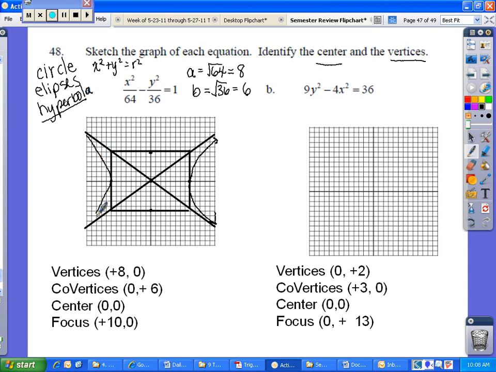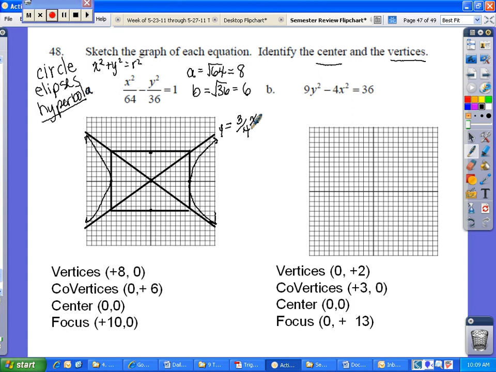So again, all of those b values are used for is basically just to draw your rectangular box to determine the asymptotes. And now you could determine the actual equations of those asymptotes. This would be y equals 3/4, up 3 over 4. So you could do it that way.